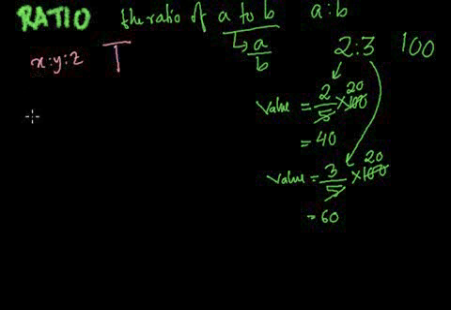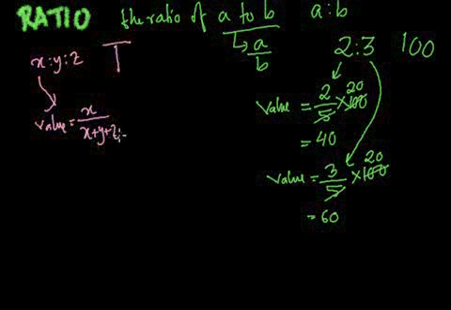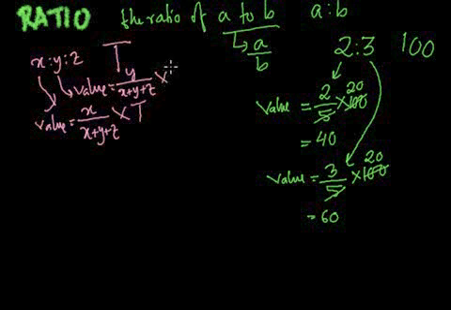So the value of the x portion is going to be x divided by the total portion, which is x plus y plus z, into the total. Similarly, the value for the y portion is going to be y divided by the total portions, x plus y plus z, into the total.